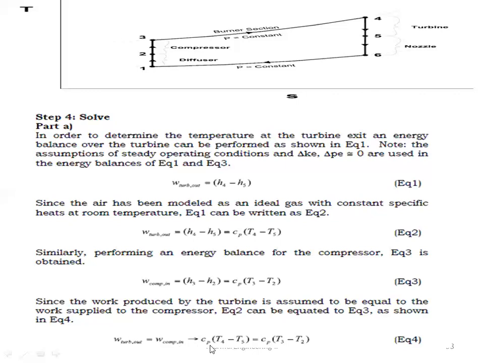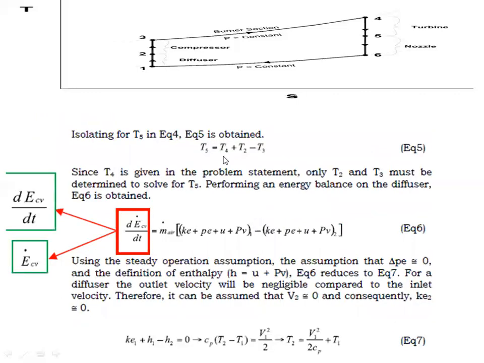That can be written as Cp into T4 minus T5, the turbine work, is equal to Cp into T3 minus T2, the compressor work. Cp gets cancelled, and T4 minus T5 must be equal to T3 minus T2. From this equation, T5 can be written as T4 plus T2 minus T3.